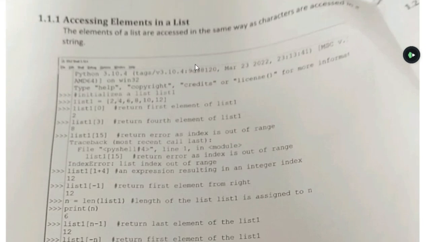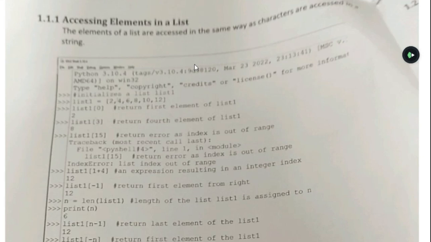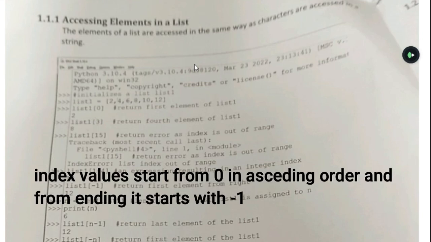How to access elements in a list? We can access elements in a list using index methods. So what are index methods? These are used to access elements. Index value starts from 0 and ends at the length of the list minus one. Otherwise we can start index value from -1.